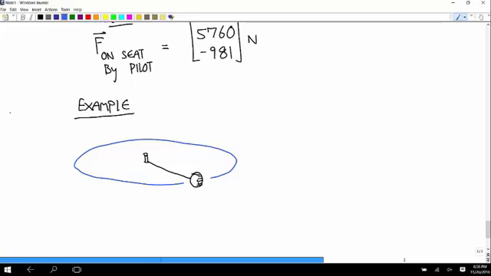And let's say that, so there are two things going on. It's attached to that string that's keeping it rolling in a circular path, and it's also rolling along a glass, low friction surface.